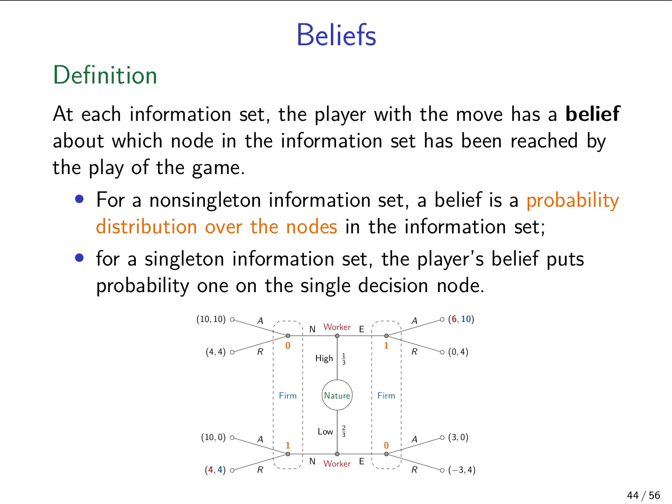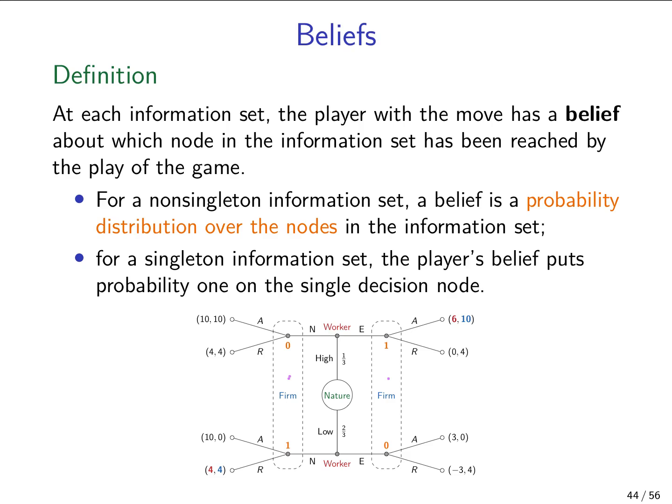Well, here is the definition of belief. Okay? So at each information set, the player with the move has a belief about which node in the information set has been reached by the play of the game. So in our case, right, we have two information sets, either the firm is here or here. If the firm observes that the worker has no education, the firm would be here.